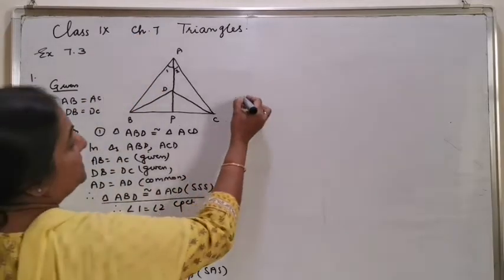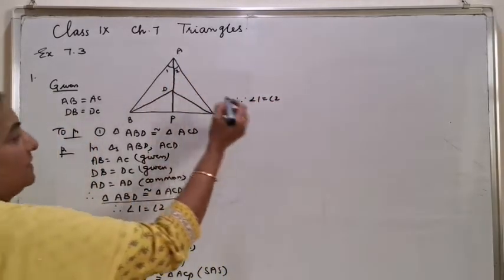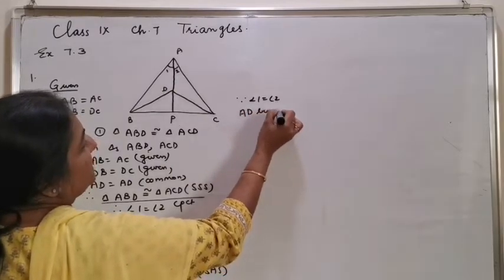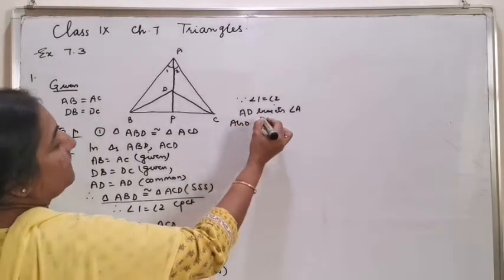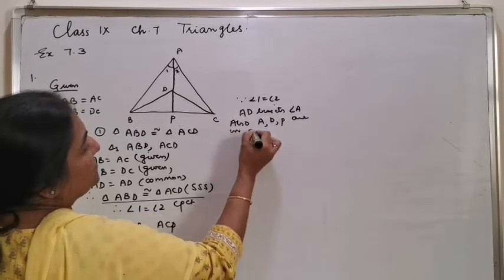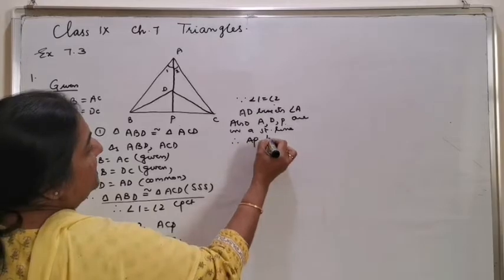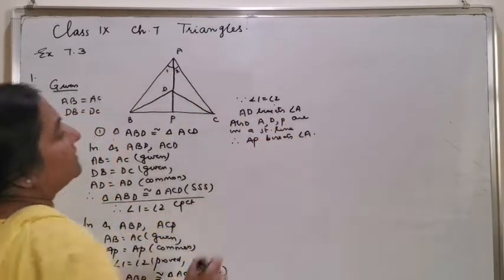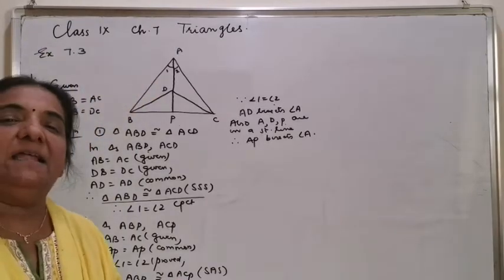So, since angle 1 is equal to angle 2, AD bisects angle A, and also A, D, P are in a straight line. Therefore, AP bisects angle A. That means AP is bisecting angle A.